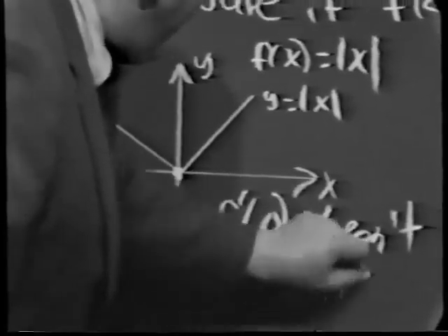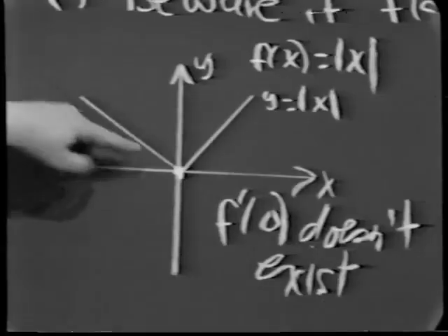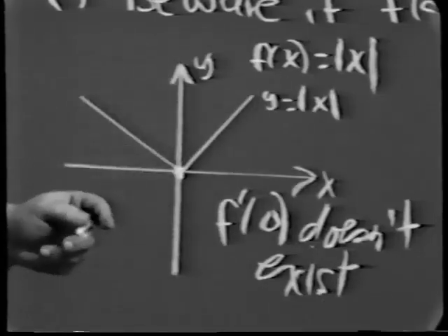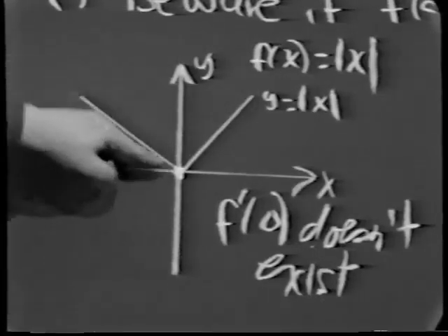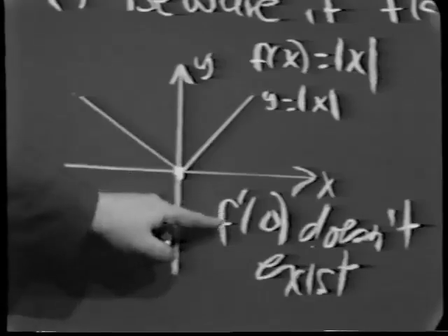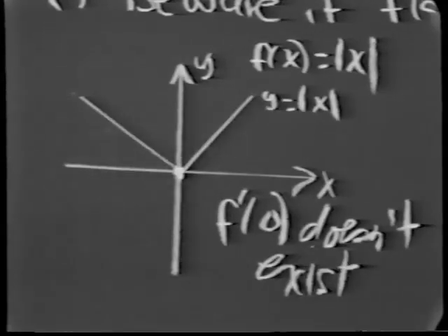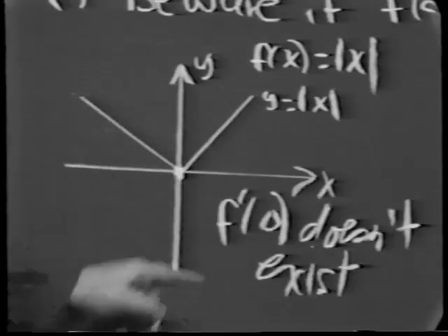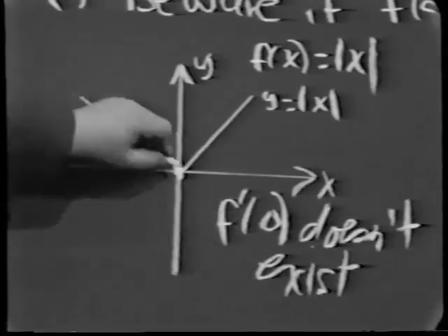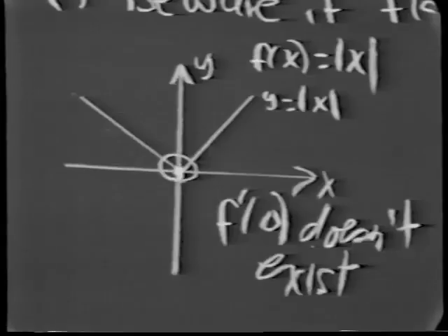And why is that? Well, notice that the graph of y equals the absolute value of x is the straight line y equals x if x is non-negative, and the straight line y equals minus x if x is negative. In other words, f prime of x is 1 if x is positive, it's minus 1 if x is negative, and hence a jump discontinuity in the derivative at 0. But you see, the point is this. If you look at our graph, do we have a low point at x equals 0?